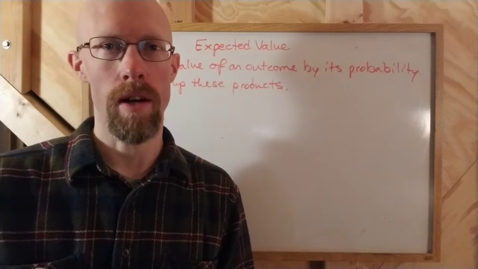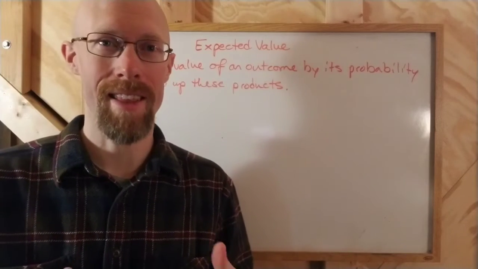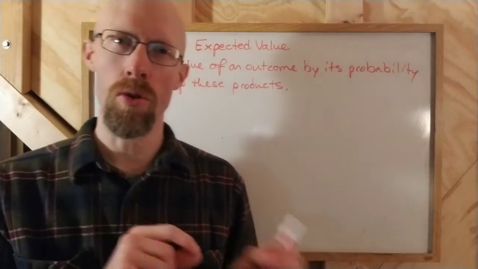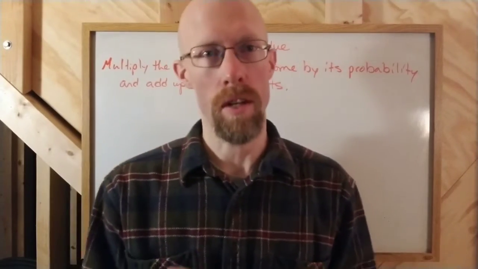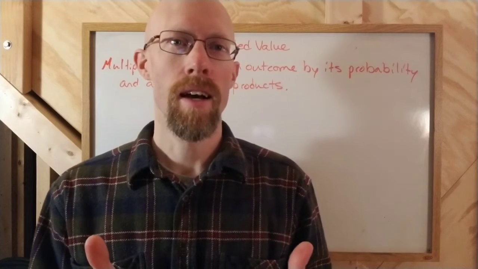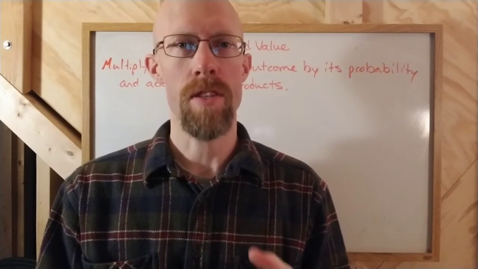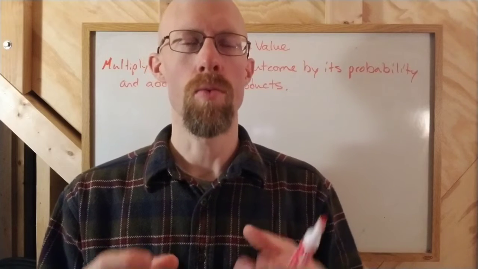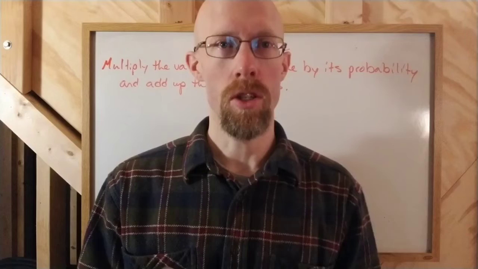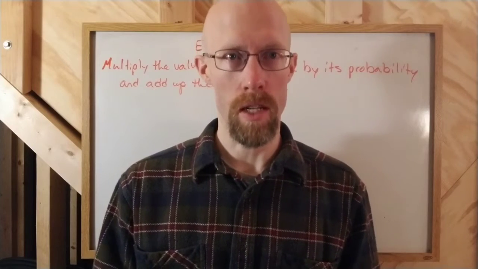Flipping a coin is not this way, because heads and tails are not numerical values. Now you could associate a numerical value like a 0 and a 1 to a head and a tail, but you have to have some sort of numerical value associated with the outcomes in order to calculate an expected value.